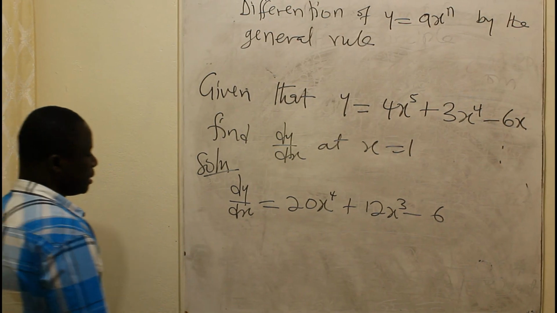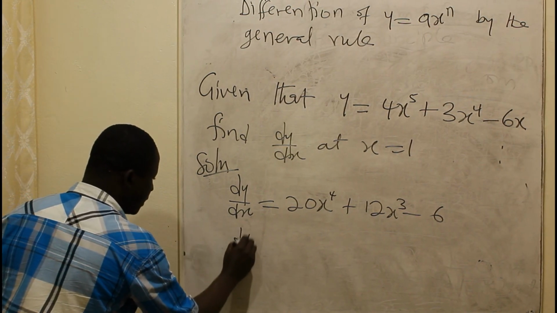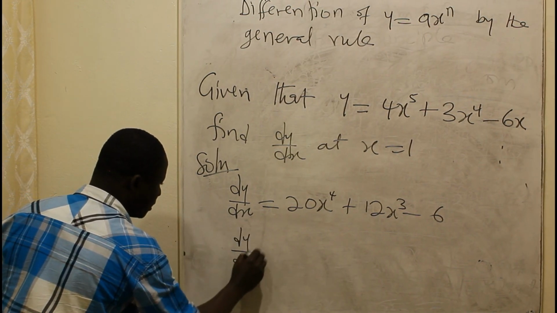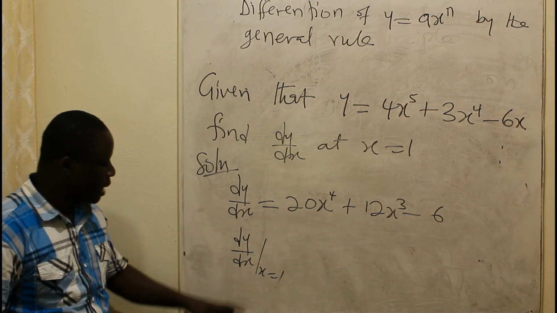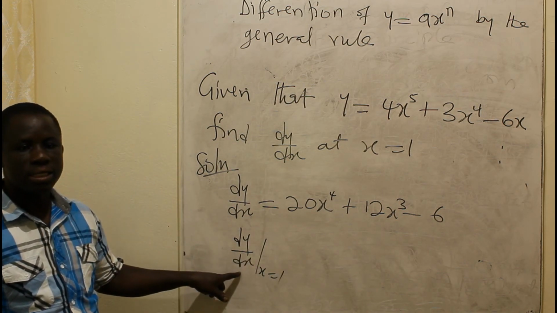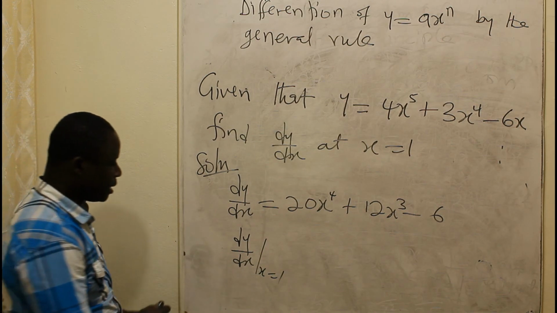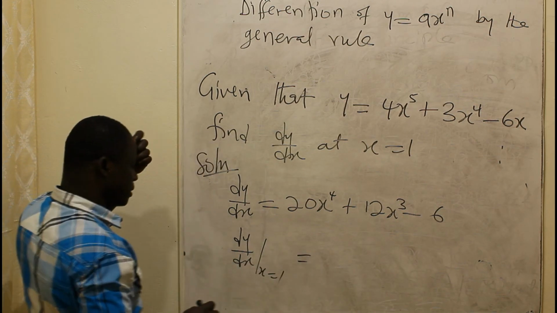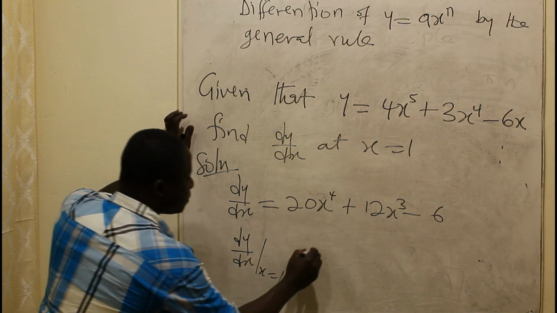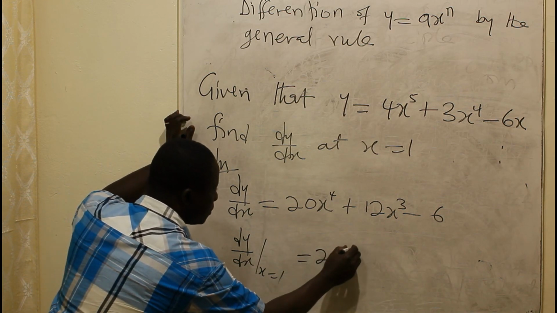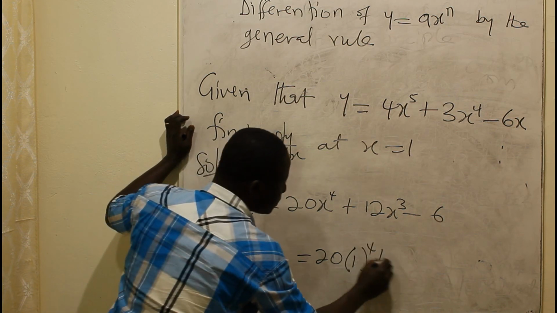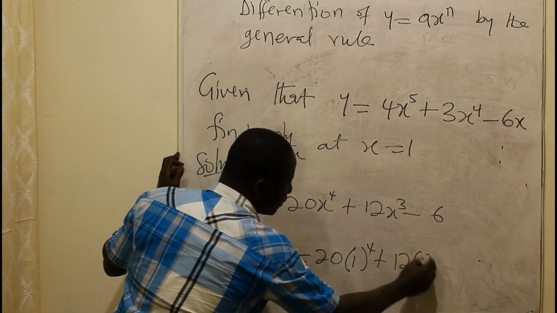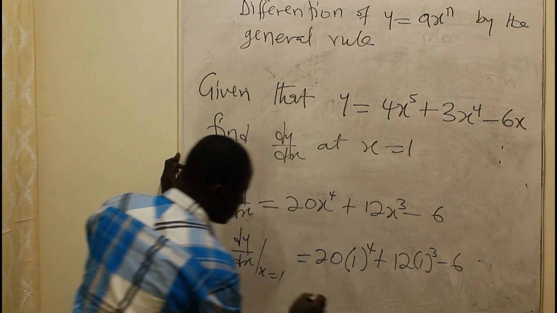And we are now to find dy/dx at x equals 1. What it means is that we are going to put in 1. The function is now changing to 20 times 1 exponent 4 plus 12 times 1 exponent 3 minus 6.